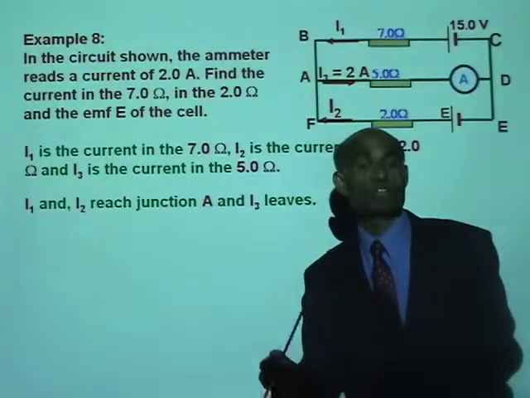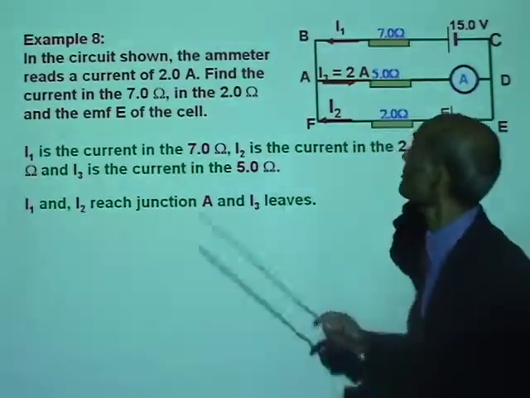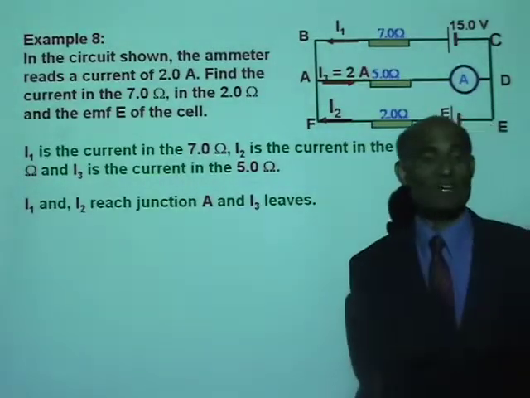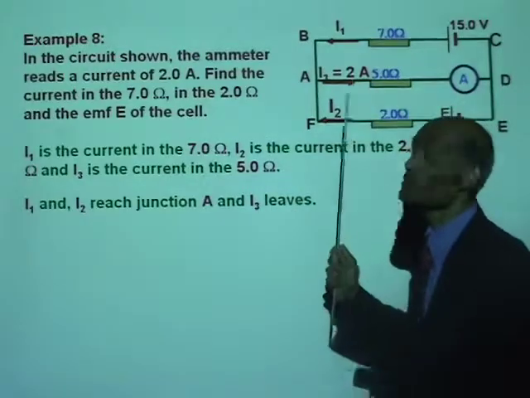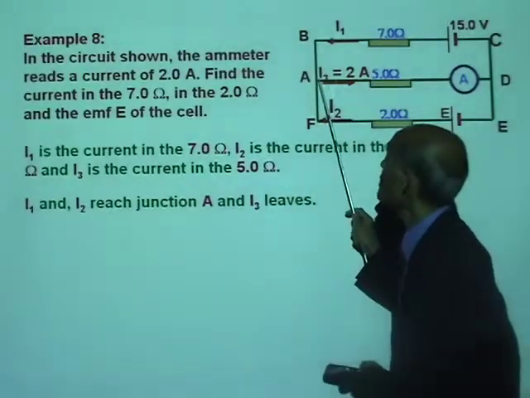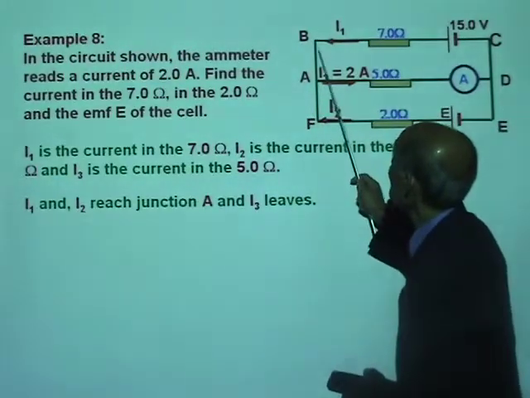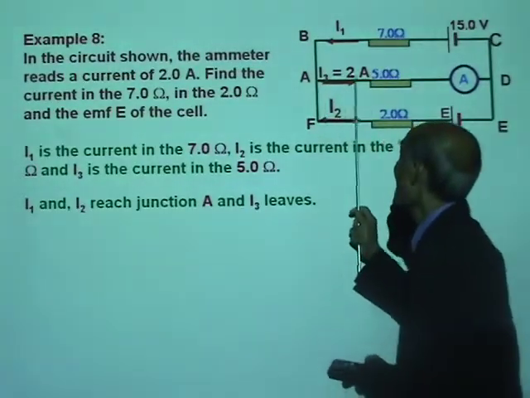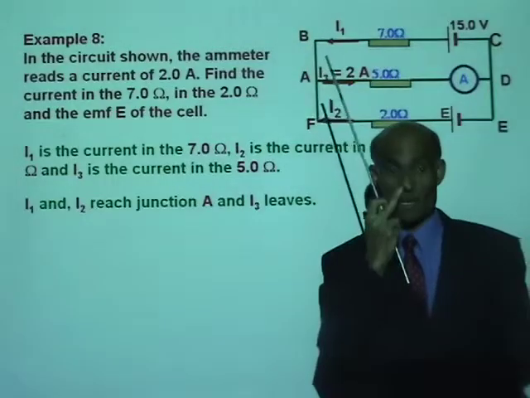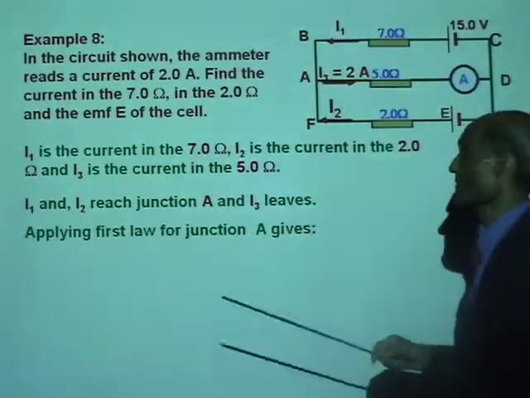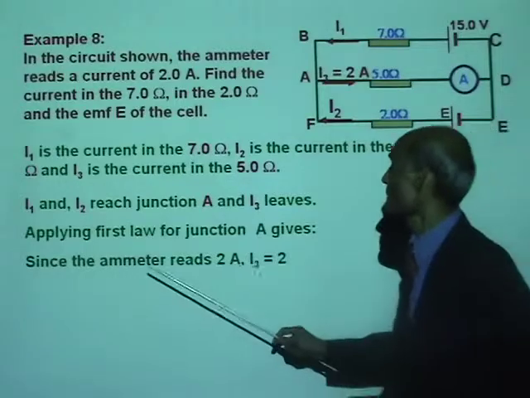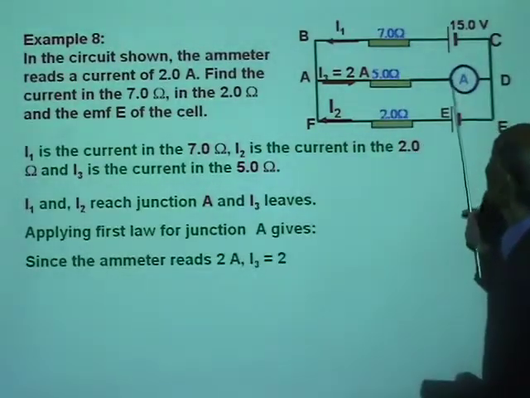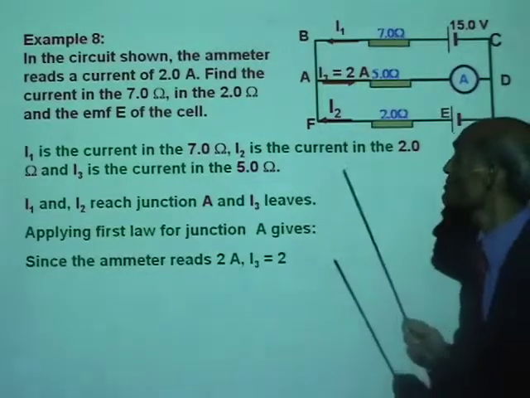First of all, we can use Kirchhoff's first law for junction A and write an equation. Can you write an equation using Kirchhoff's first law applied to junction A? I1 reaches A, I2 reaches A, I3 leaves A. Well, we are told that the ammeter reads 2 ampere.